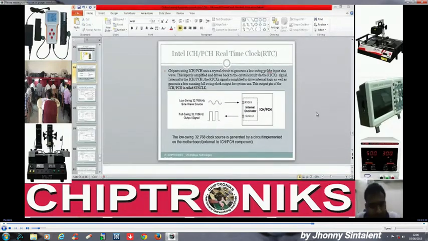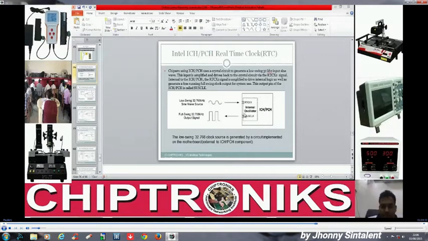Okay, so now we discuss the Intel ICH PCH real-time clock, and this is a very important topic. What is the real-time clock? The PCH contains a Motorola MC146818 timer. There is one Motorola IC, the MC146818B, inside the PCH, and it has 256 bytes of battery-backed RAM.